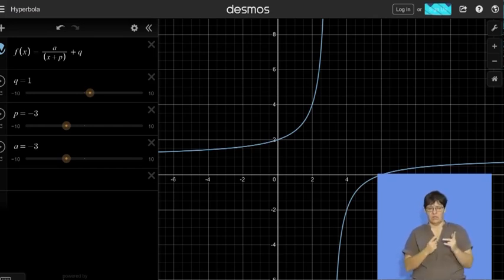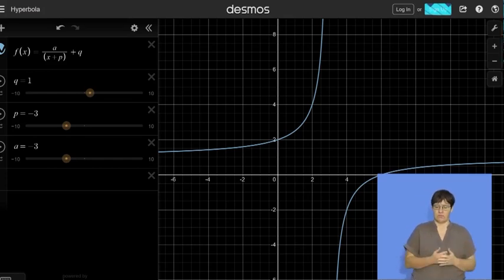I then reflected it about the y-axis, where it changed the sign and became negative, which is the second quadrant and the fourth quadrant. And then I shifted this 3 units to the right and then 1 unit upwards.